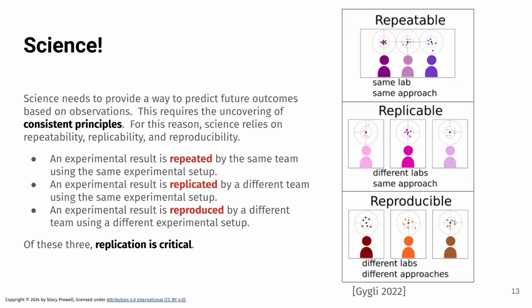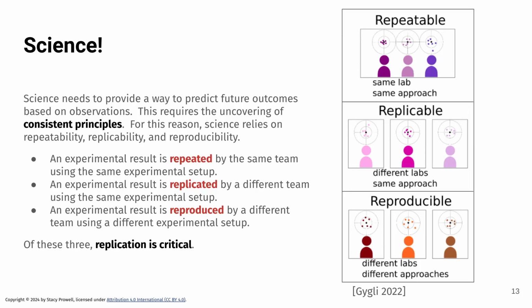So replication is where we go to weed out not necessarily bad science. It's certainly the case that many of these scientists were acting responsibly. They were conducting experiments. They were repeating their experiments. They were seeing what they believed to be real effects. But as best we can tell now, it seems like they were wrong. Okay? And it's possible to do things right and still end up wrong.